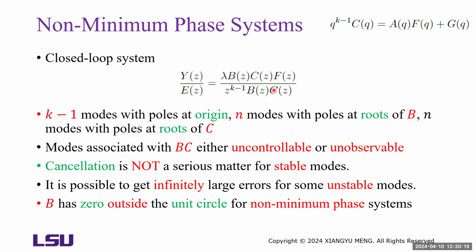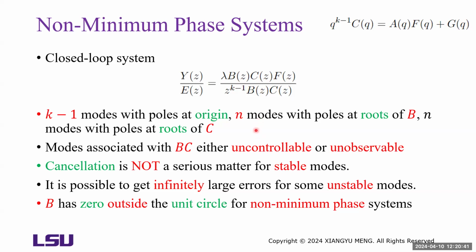So as far as C is concerned, the only critical case would be if C has a zero on the unit circle. The polynomial B will have zeros outside the unit circle if the dynamics of the system is non-minimum phase.